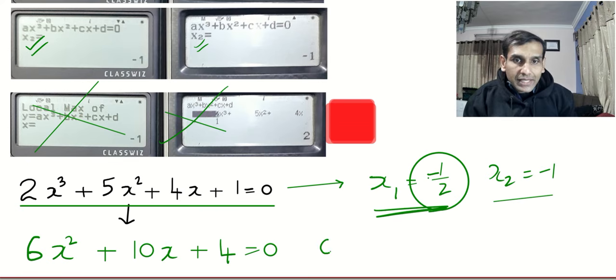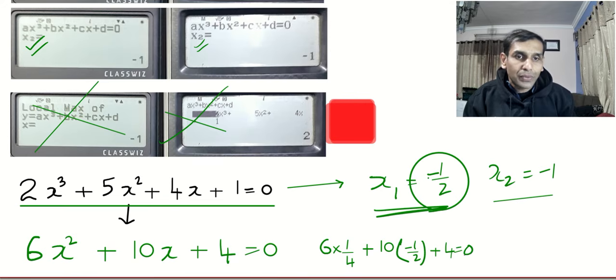So I'll get 6 multiplied by 1 by 4 plus 10 multiplied by minus 1 by 2 plus 4 is equal to 0. Oh no, I'm not getting 0 equal to 0. So this does not satisfy the derivative. So this is not the repeated root.